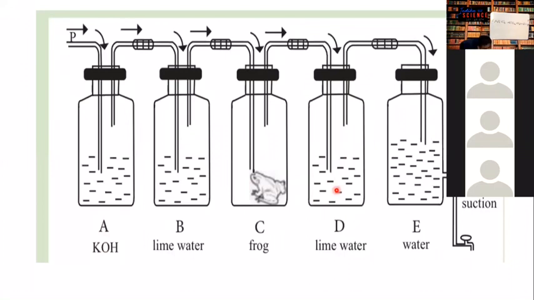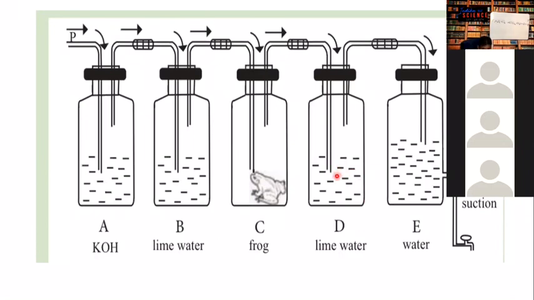All right. Next one. What is the reason for the above observations? They're asking why there is no color change in B, and why vessel D turns milky.